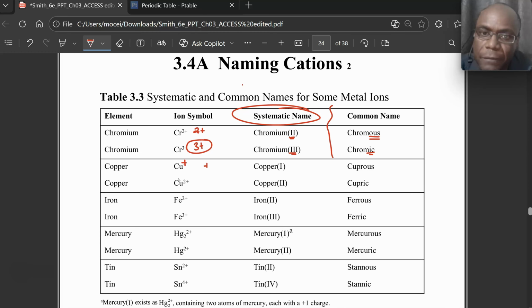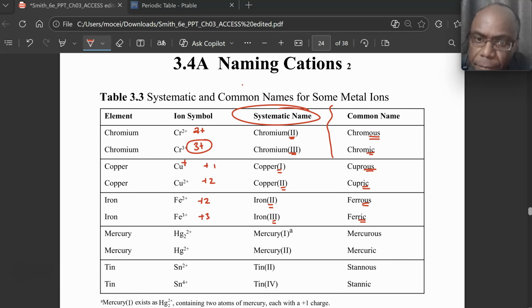Copper, you can have it as copper 1 or copper 2 in the systematic name, but the lesser one will be cuprous. The other one will be cupric. Iron, we've talked about it. The one with +2 will be ferrous, and the one with +3 with maximum charge will be ferric. Iron 2, iron 3 corresponds to that.